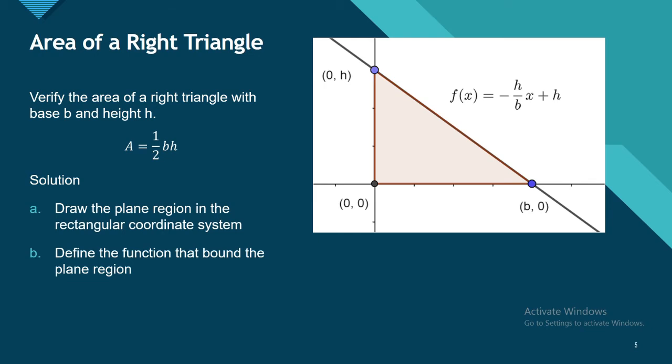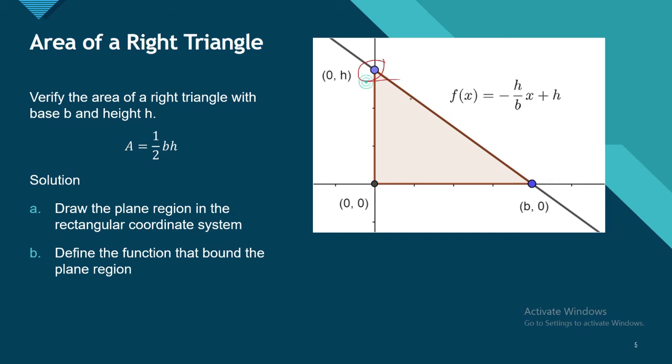Our plane region is bounded above by a linear function whose interval is from 0 to b. This is a line, and you know how to produce the equation that defines a line. So here we are already given the intercept. So we can produce the slope-intercept form of the function.